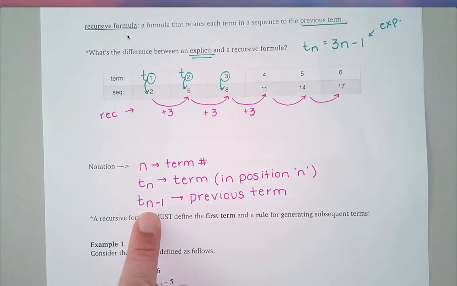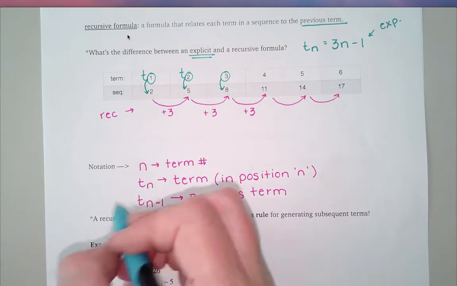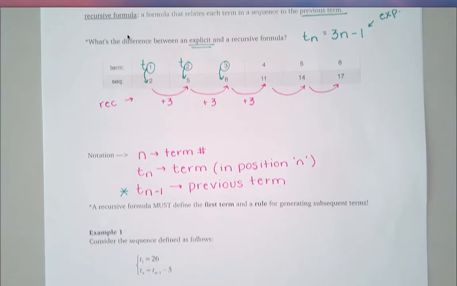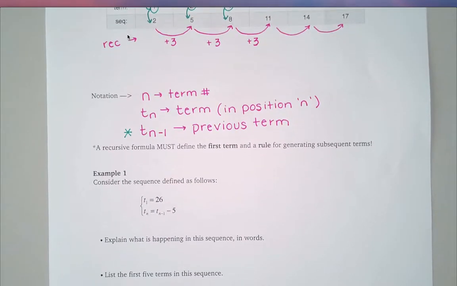And so if I'm looking for term 3, then the previous term would be term 3 minus 1, otherwise known as term 2, right? And so that's all this notation right here is, which is going to be really important today. All that's saying is look at the last number in the sequence and then keep carrying it forward.